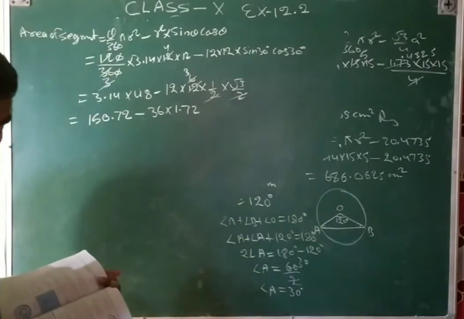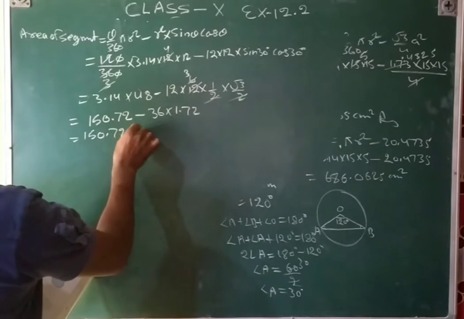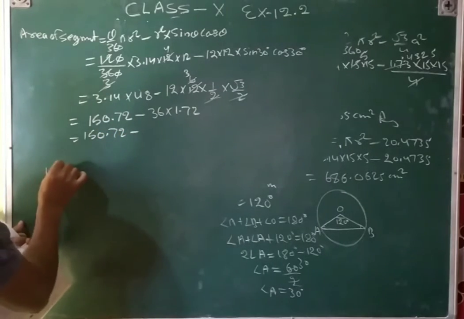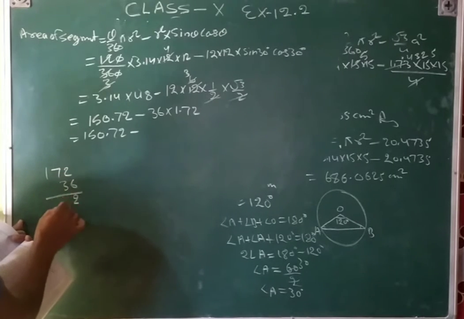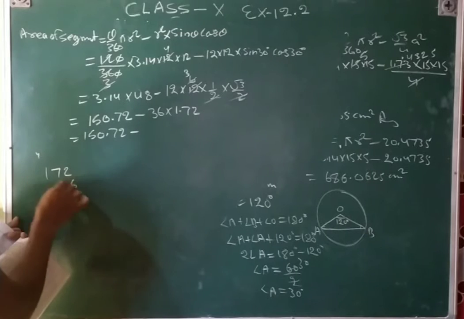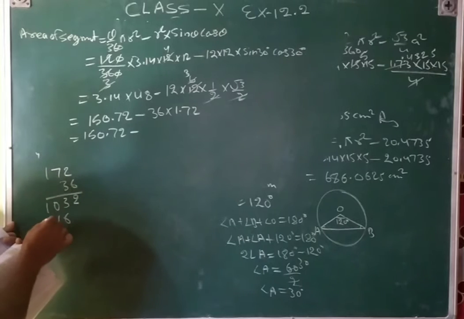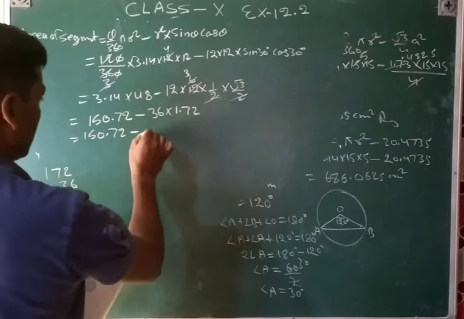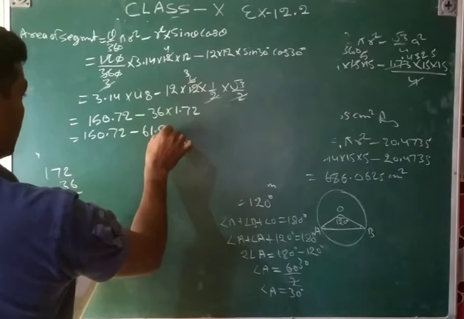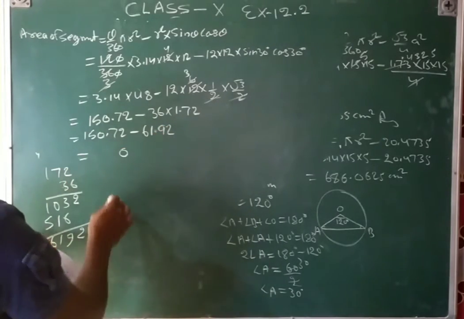Then after you will multiply both, 150.72 minus 172 multiplied by 36, that will be 61.92. And then by the subtraction that will be 0.